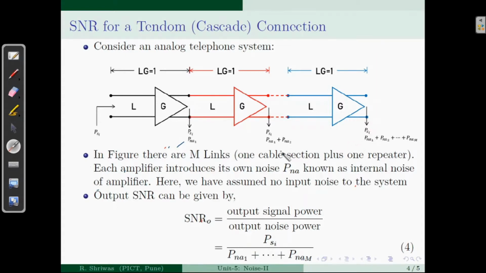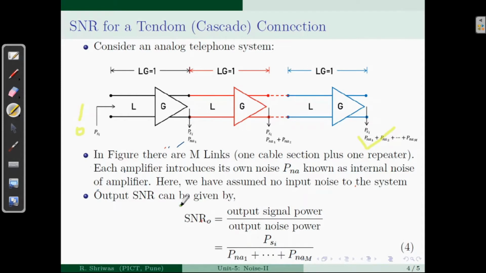Now the input noise power here is 0, but the output noise power is the addition of all the internal noises of the amplifier stages.